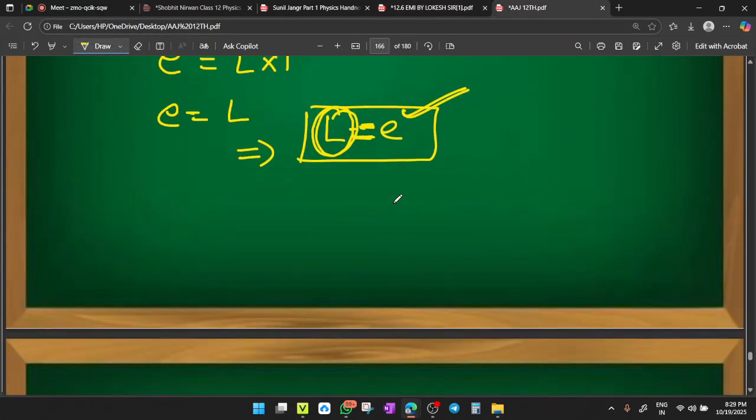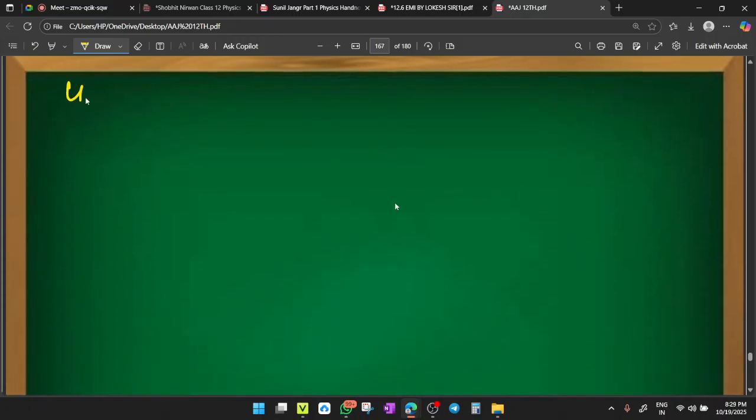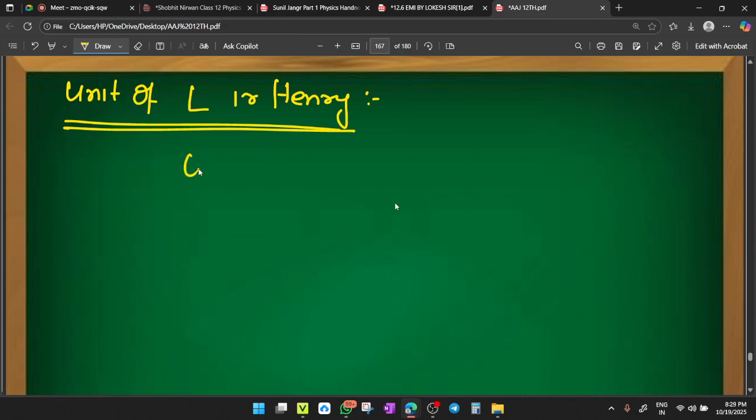Now define 1 Henry. The unit of L is Henry. Now define what is 1 Henry. As we have phi equals Li, all the definitions are derived from the formula only.